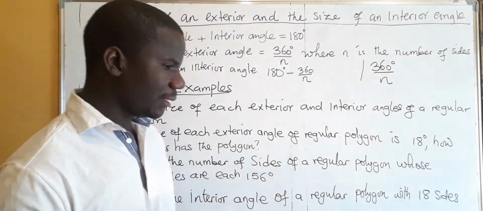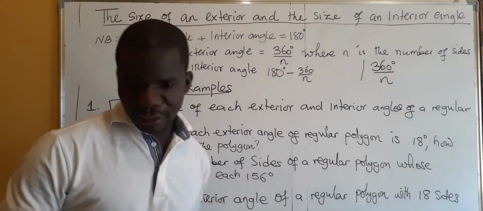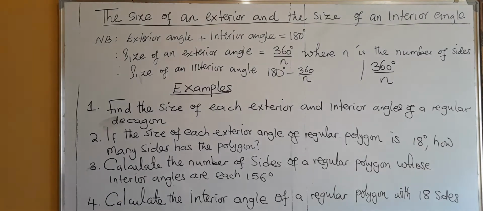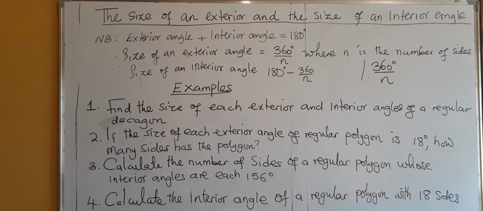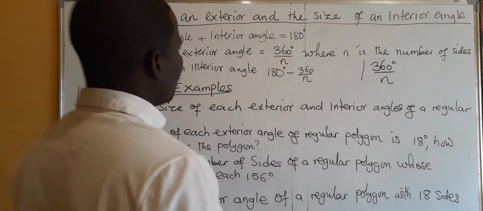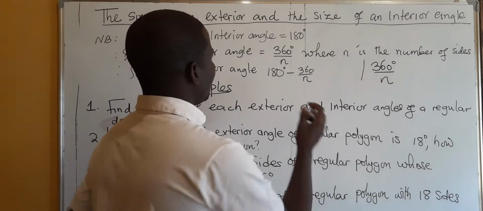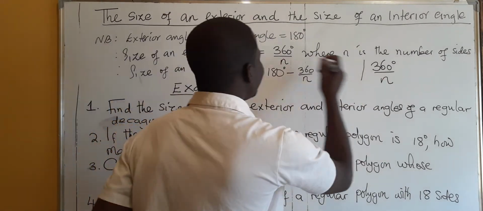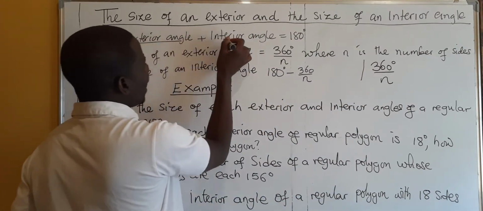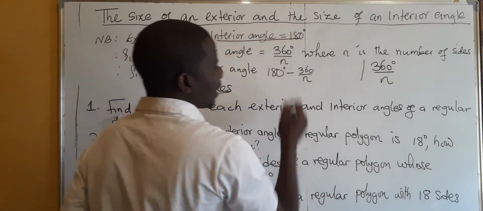I did mention that, isn't it? Okay, so let me rub so that we can have space. So we said when we add the exterior angle and the interior angle, they must give us 180.